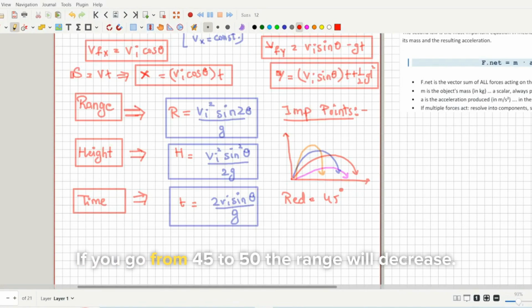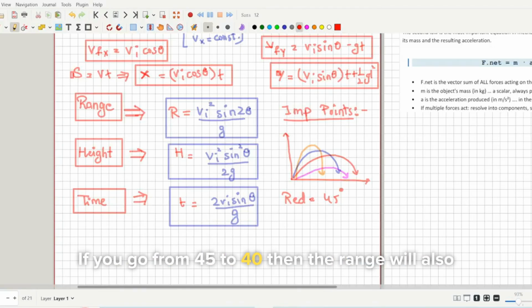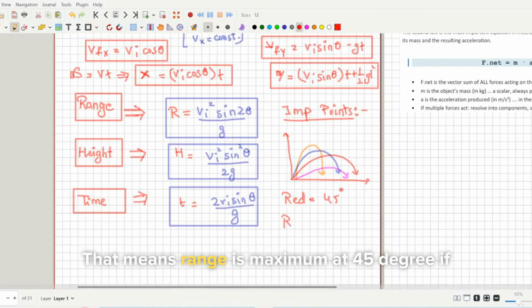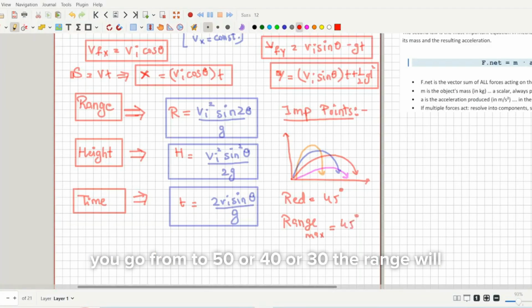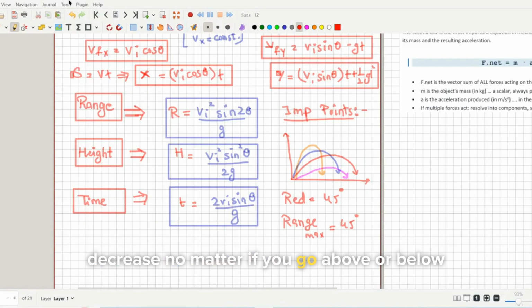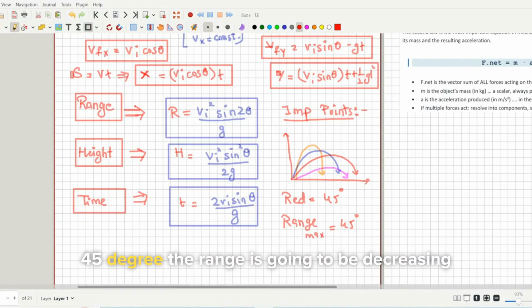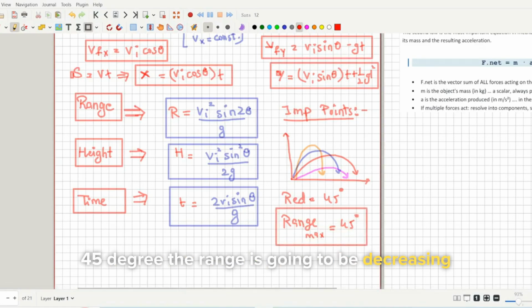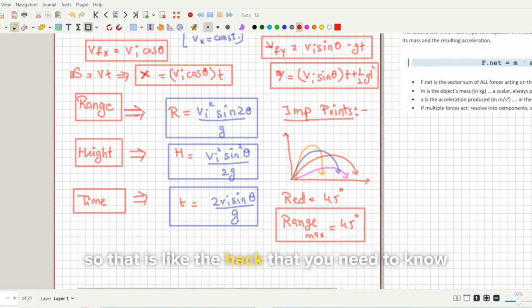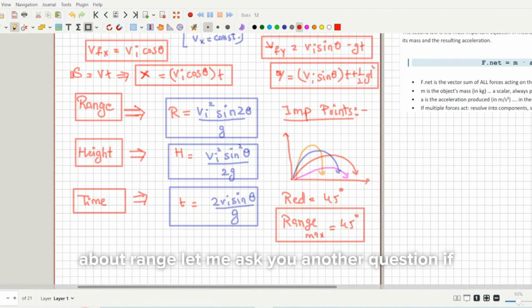If you go from 45 to 50, the range will decrease. If you go from 45 to 40, then the range will also decrease. That means range is maximum at 45-degree. If you go to 50 or 40 or 30, the range will decrease. No matter if you go above or below 45-degree, the range is going to decrease. So that is the hack that you need to know about range.